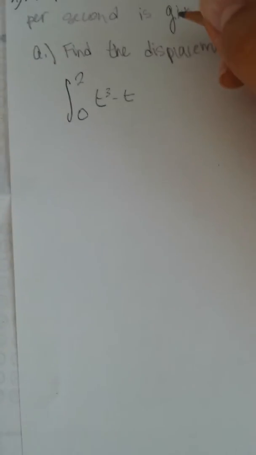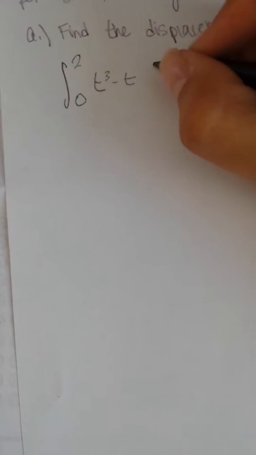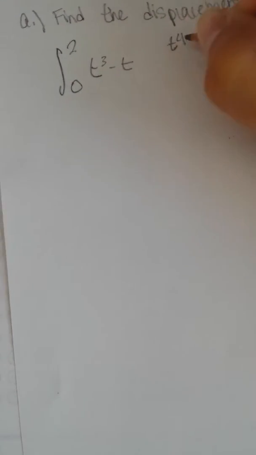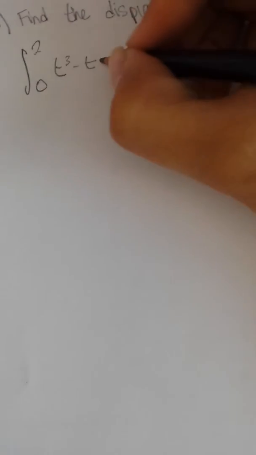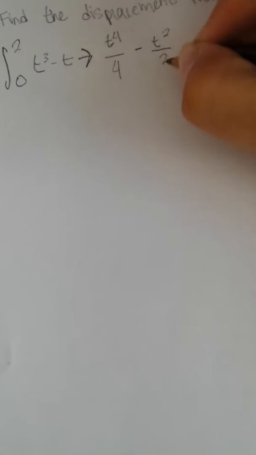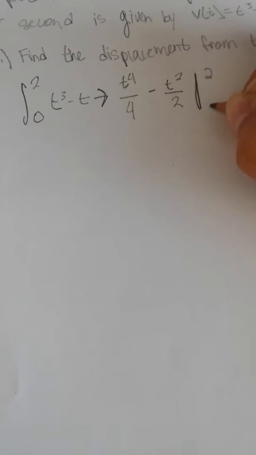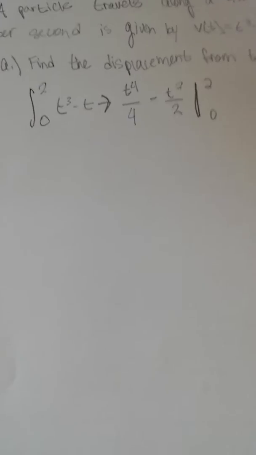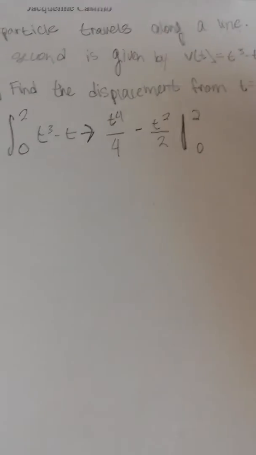So you integrate this equation, and from here you get t to the 4th over 4 minus t squared over 2, and then your bounds are still 2 and 0.